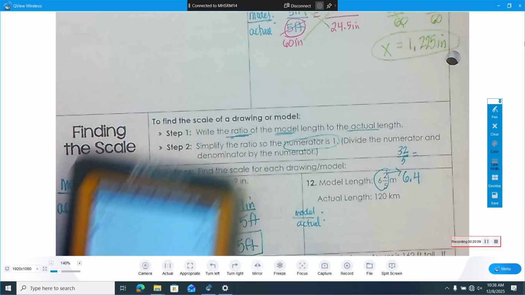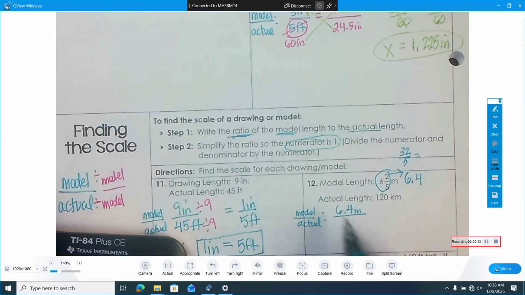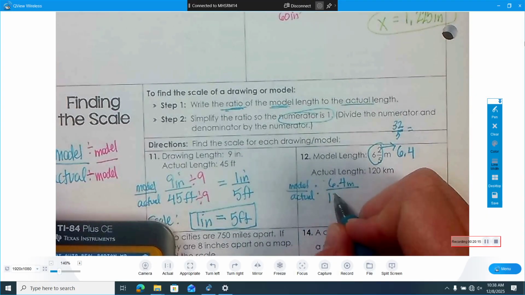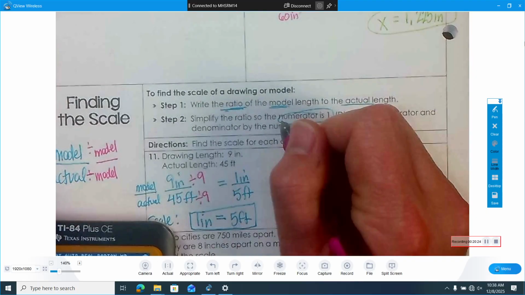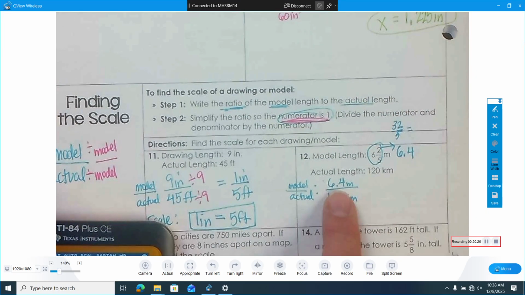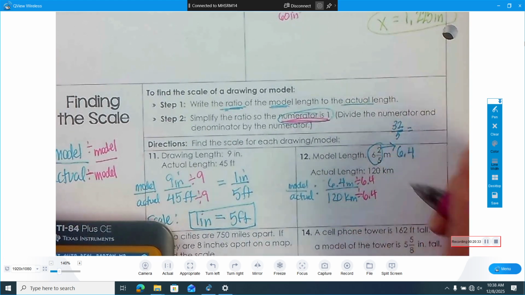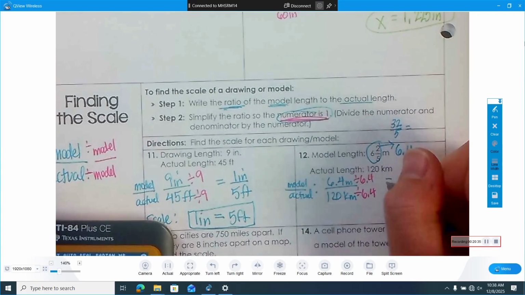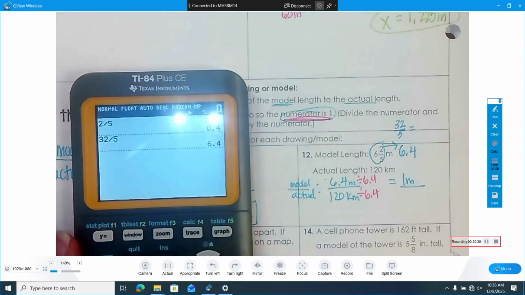All right. So the model is 6.4 meters, and the actual length is 120 kilometers. When we're finding scale, we want our numerator to be 1. So what should I divide by? Yes, divide by 6.4 on top and bottom. So we get 1 meter on top, because 6.4 divided by 6.4 is 1.